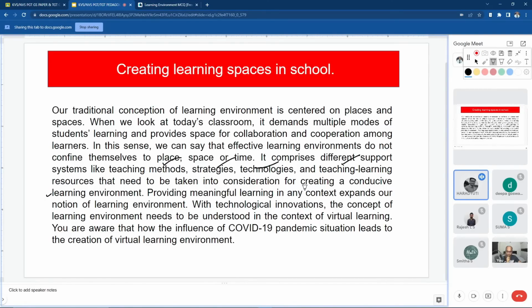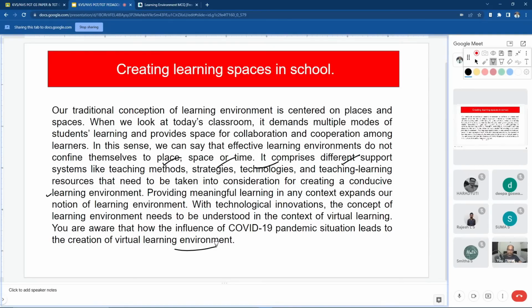Providing meaningful learning in any context expands our notions of learning environment. With technological innovations, the concept of learning environment needs to be understood in the context of virtual learning. You are aware of how the influence of the COVID-19 pandemic situation led to the creation of virtual learning environments.